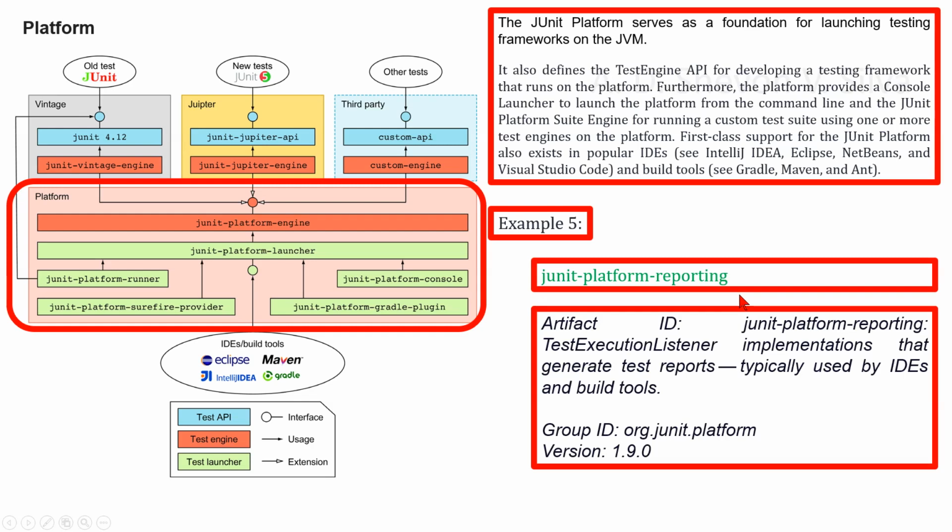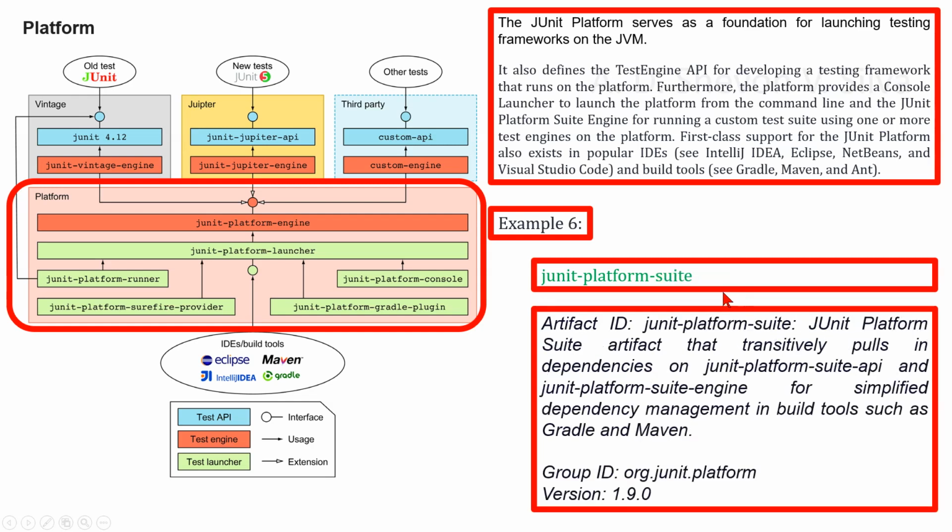Test execution listener implementations that generate test reports, typically used by IDEs and build tools. This is in group ID org.junit.platform.